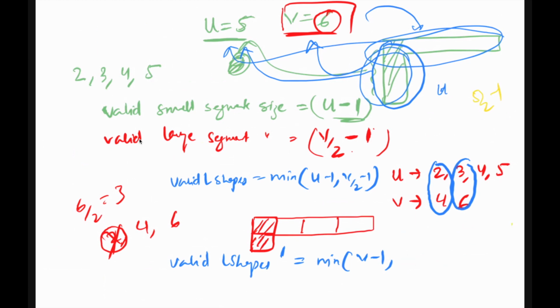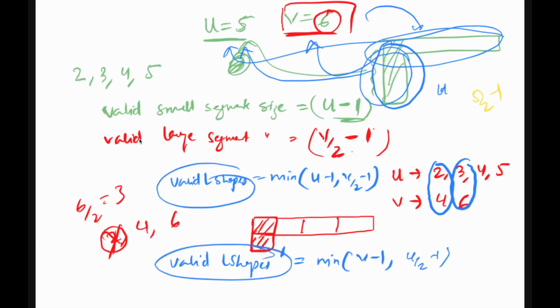So my answer would be U by 2 minus 1, and if we add both of these, it will give me the total number of valid L shapes for one of the sub cases.